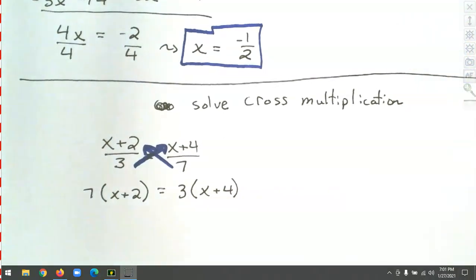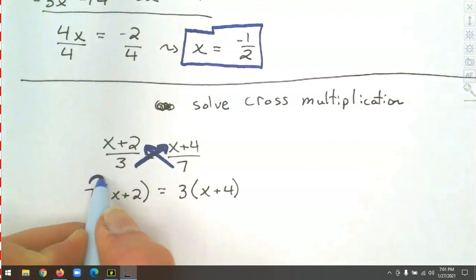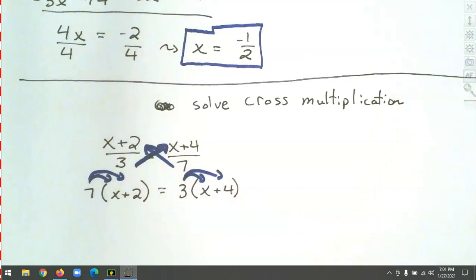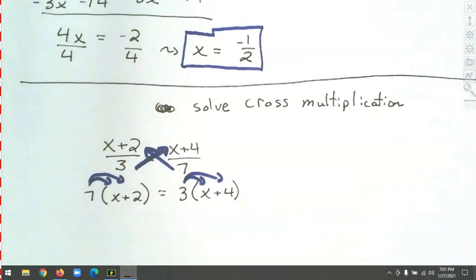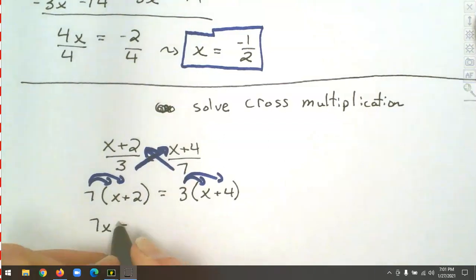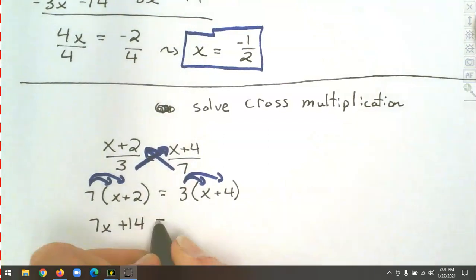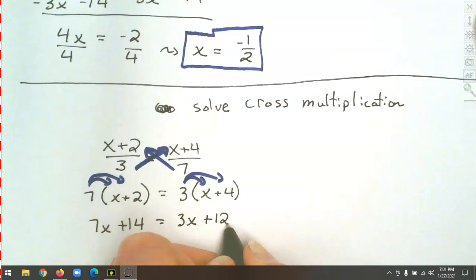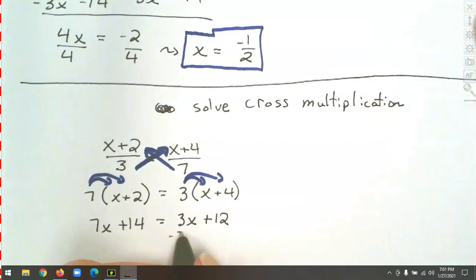We should get the exact same answer as we did on the previous question when we worked it out. And that leaves me with 7x plus 14 equals 3x plus 12. Move the 3x over.